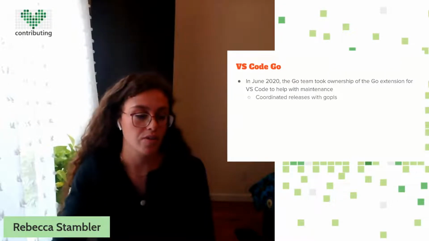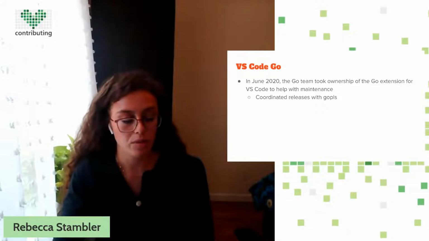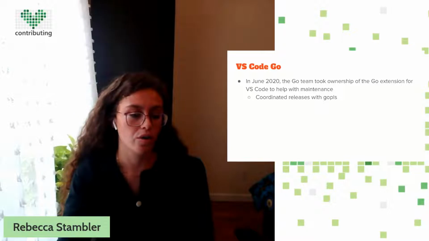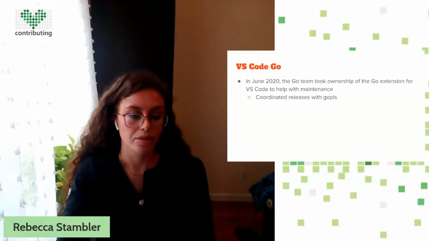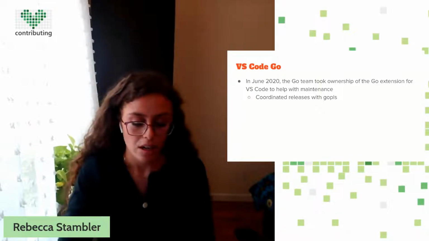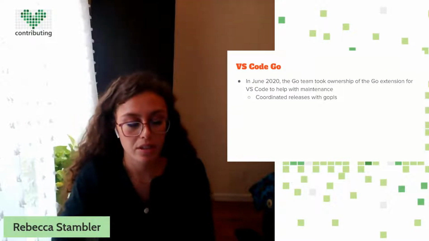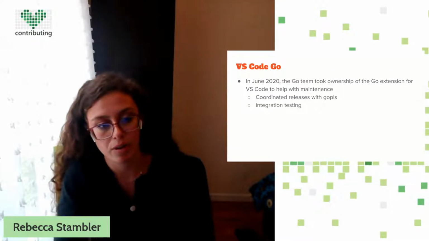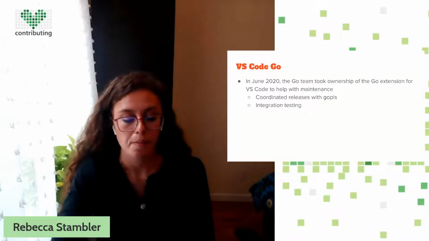And so things that we've done is that we've been coordinating the releases with Gopls. So we're saying, okay, this change is going into Gopls. It'll go out through VS Code Go a week later. We make sure that the timing is good. And then we also have better integration testing. We're able to test things a little bit easier.